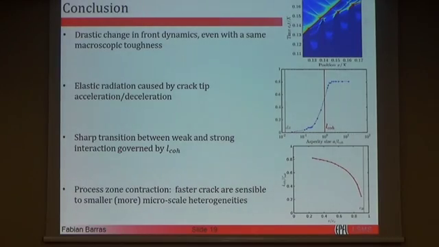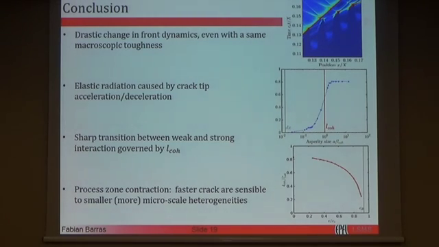So to conclude, using a plane strain setup, we were able to measure the effect of the interaction of a straight crack front with asperities, and we observed that even with the same macroscopic energy, toughness, we have a completely different behavior that can be observed.